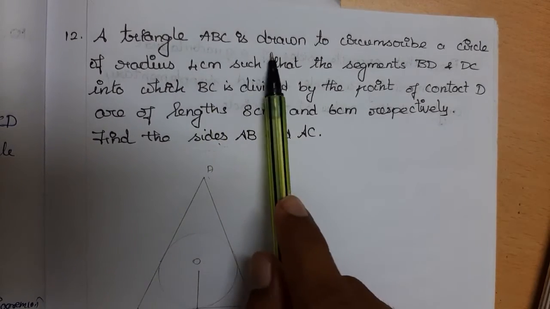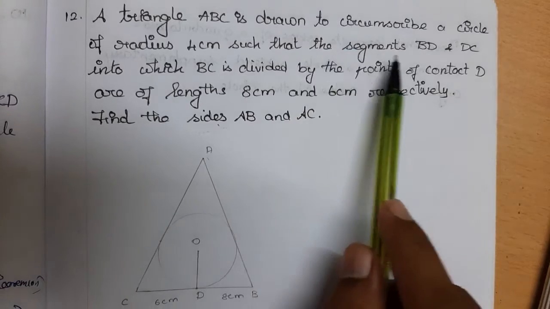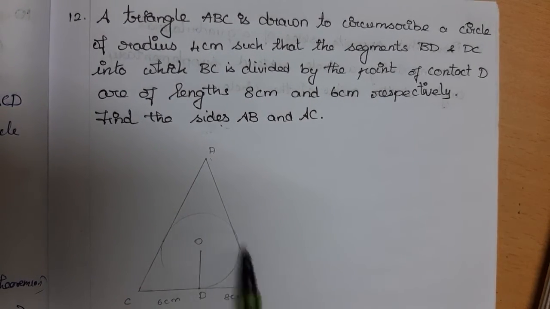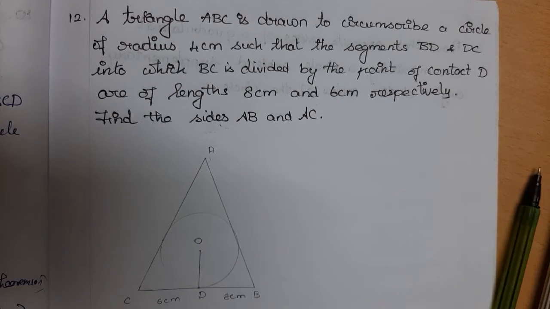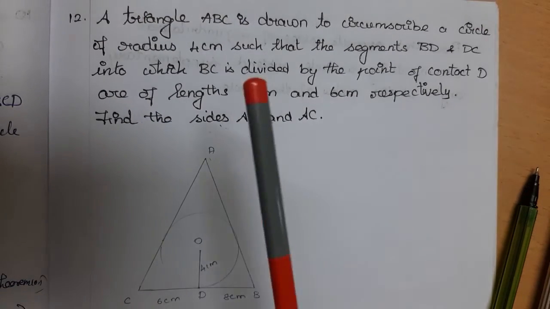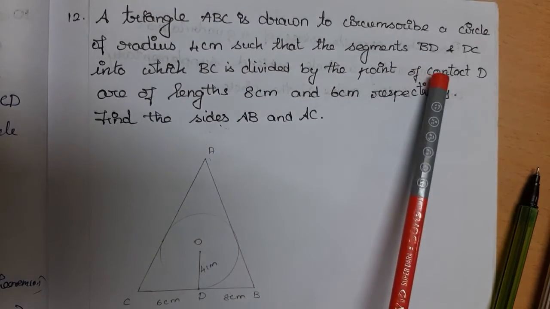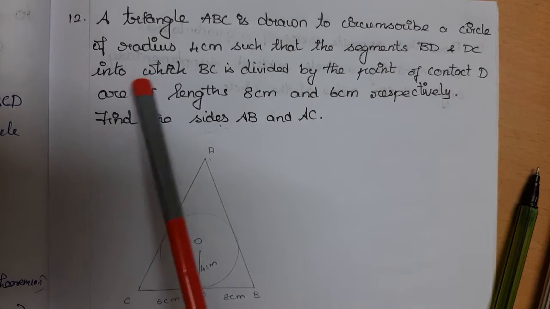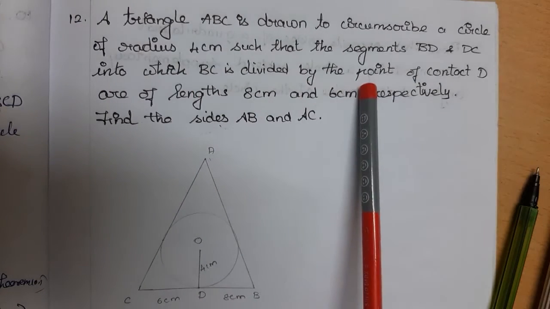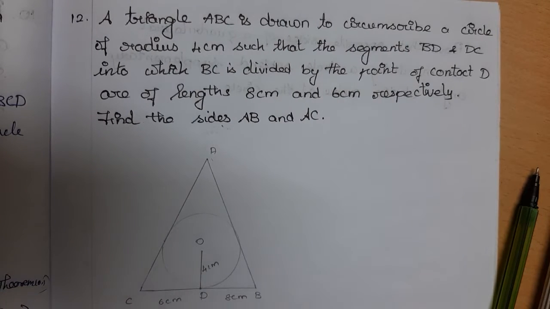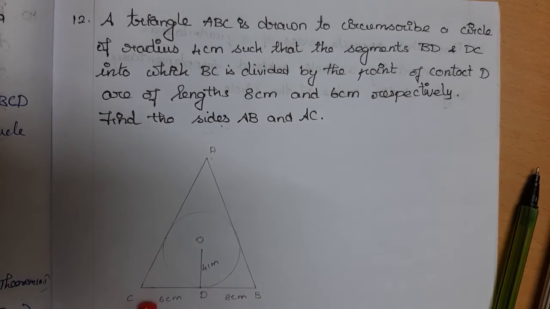A triangle ABC is drawn circumscribing a circle of radius 4 centimeters. Circumscribing means the triangle is outside the circle. So the circle I have drawn has this radius, 4 centimeters, and such that the segments BD and DC into which BC is divided by the point of contact D are of length 8 centimeters and 6 centimeters respectively.